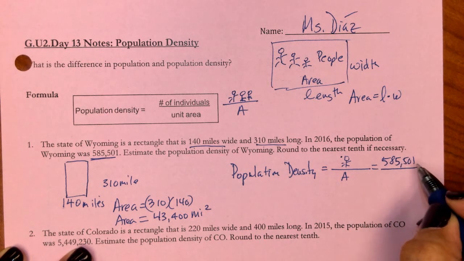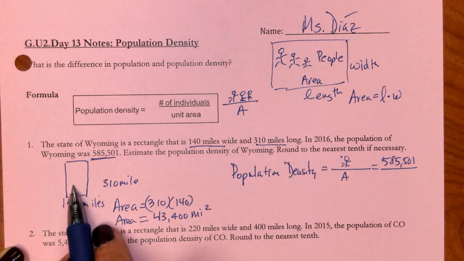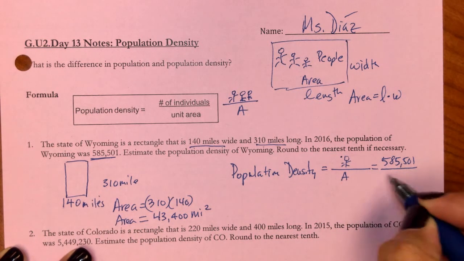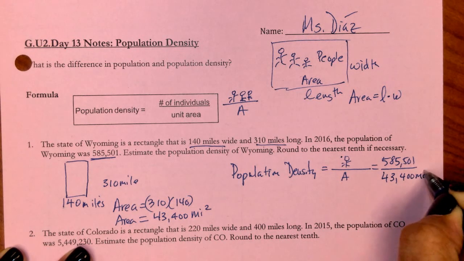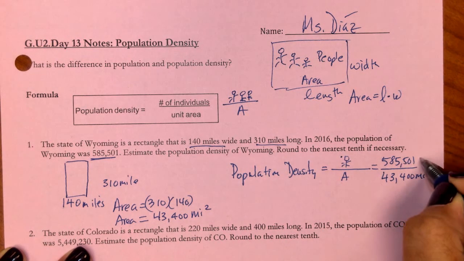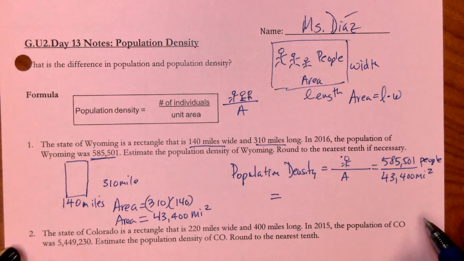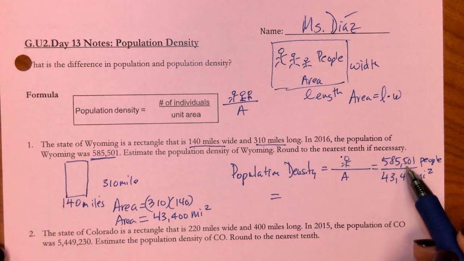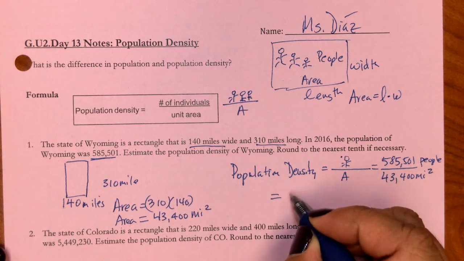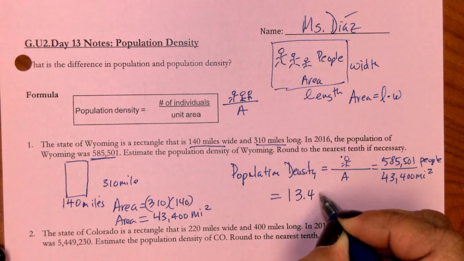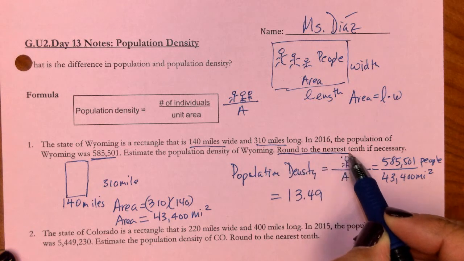I'm going to divide that by the area that they live in, this little area right here, and that's 43,400 miles squared, and on top we're just going to put people. Go ahead and punch that in your calculator, 585,501 divided by 43,400, and you should get 13.49.